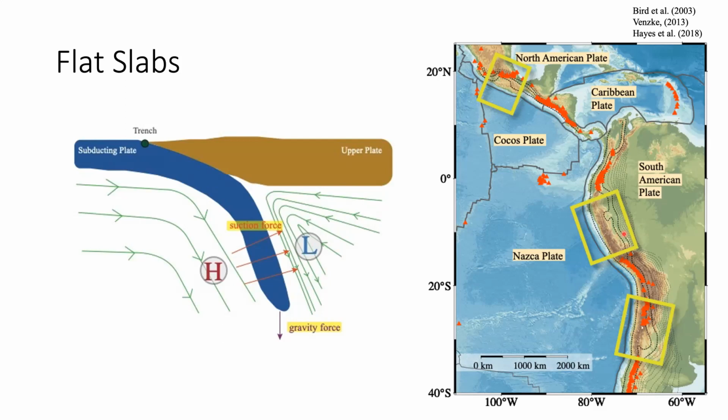In some of your models, you show the formation of splay faults. Have you specifically looked into the stability of these structures, or you don't look at this?